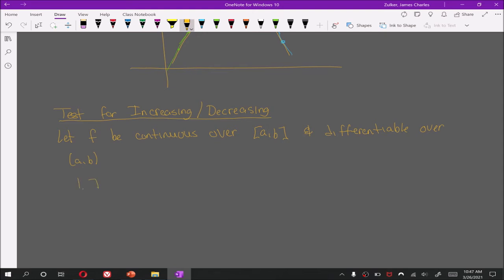Number 1, if f prime of x is greater than 0 for all x in the open interval a to b, then f is increasing over that interval.